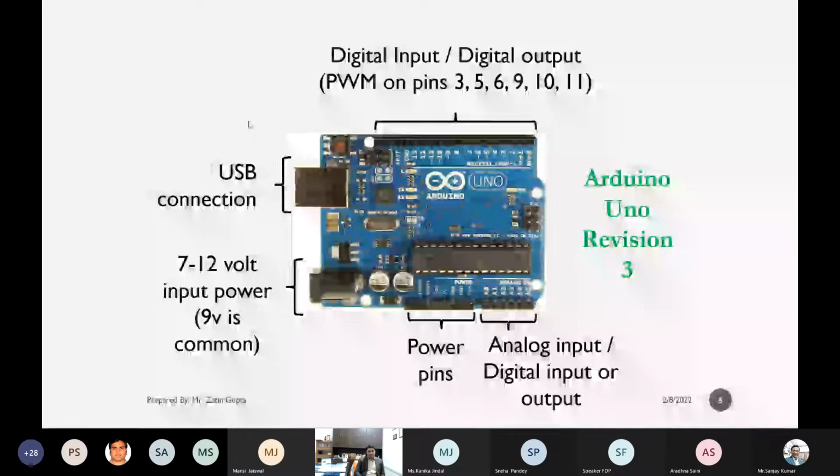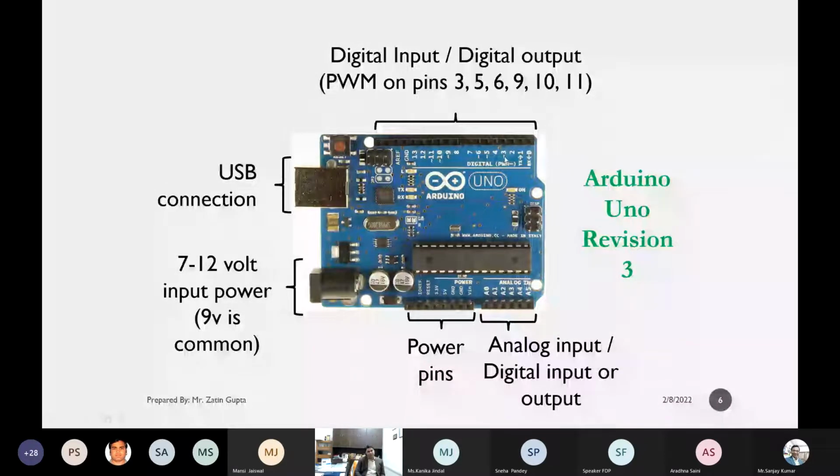Now let's discuss the board. As I told you, we have two different types of input and output in the Arduino board. First is digital and another one is analog. In case of using Arduino, we can communicate with any component, whether it is digital or analog. We can interface that component with the Arduino very easily. Here, on the top side, there is the digital port.